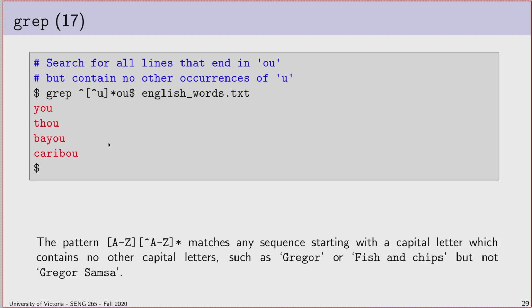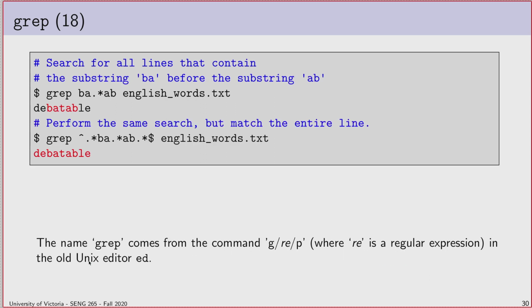And then another example, if I look at a pattern like capital A through capital Z, and then not capital A through capital Z star, what I'm basically saying is I want something that begins in a capital letter and then has no other capital letters afterwards. And so this string would match, this string would match, but this one wouldn't because there is a capital letter afterwards, after the initial one.